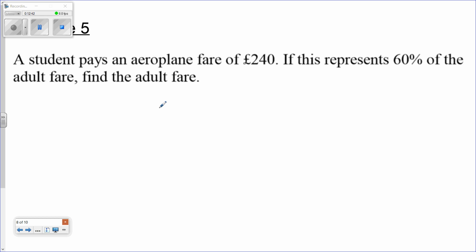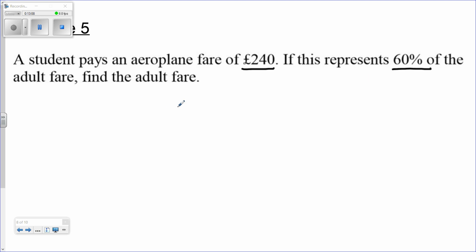Okay, now a slightly different example, so be very careful when you read this question and when you see questions like this. So this time, a student pays an aeroplane fare of £240. This represents 60% of the adult fare. Find the adult fare. So this time there's only 2 pieces of information.